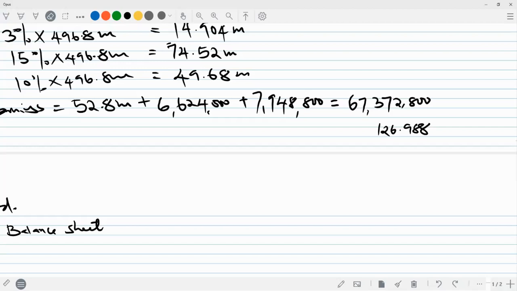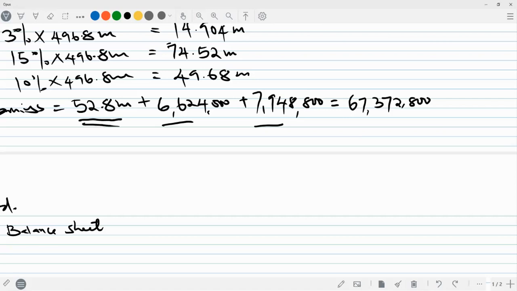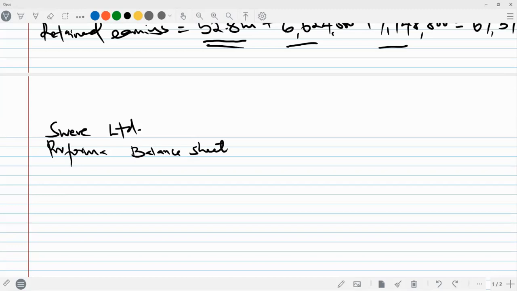I'm doubting that because here we have 52.8 million plus 6 million plus 7 million, so I don't think it can be 126.9. Add them together and try again. You see how much you get. 67.3728. Okay, great. So that's what you need to prepare the balance sheet for the company.